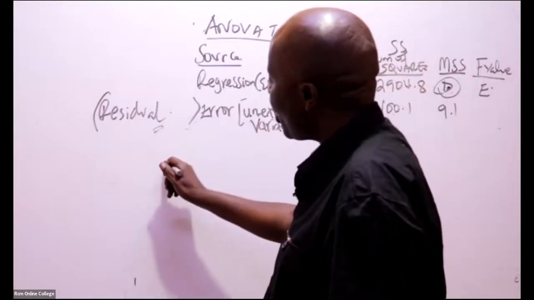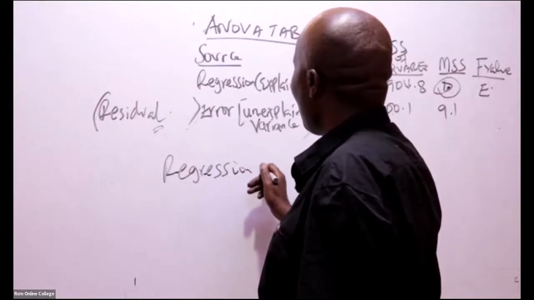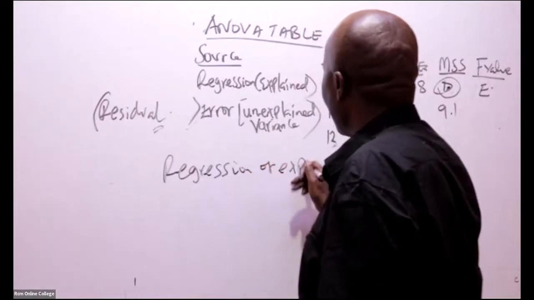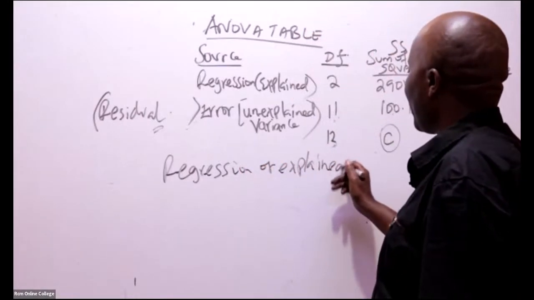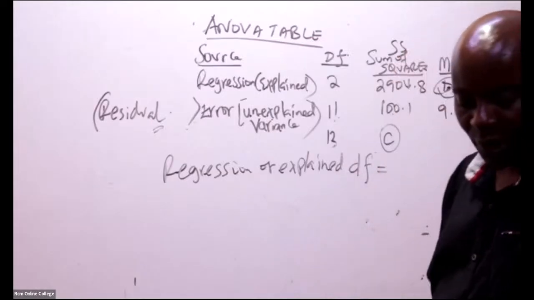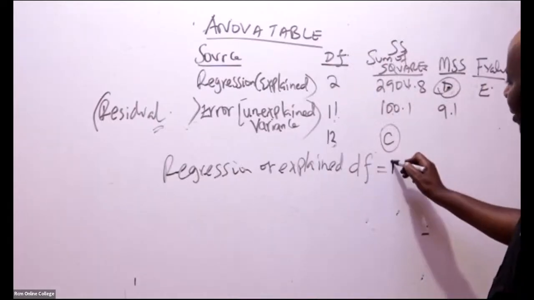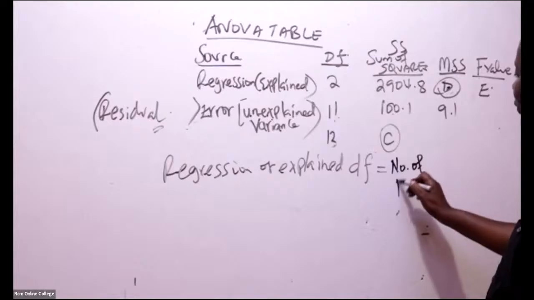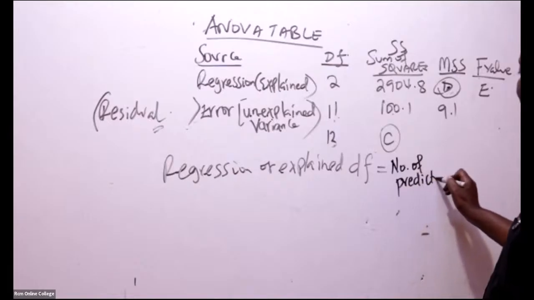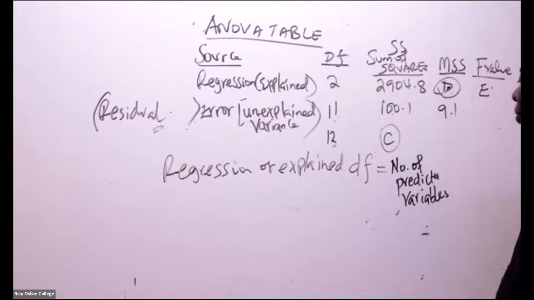To get the regression, or explained, degrees of freedom, this will always be equal to the number of predictor variables.